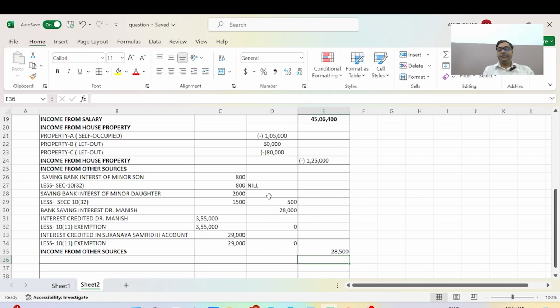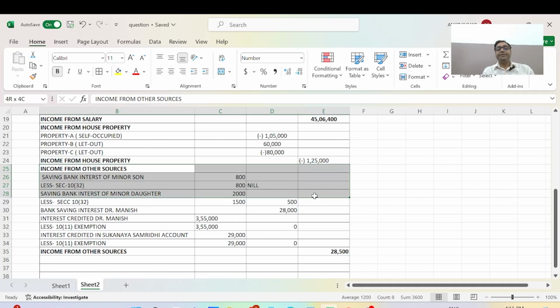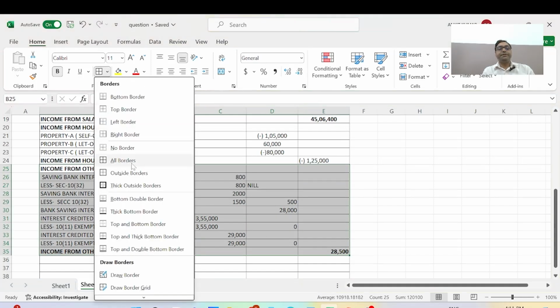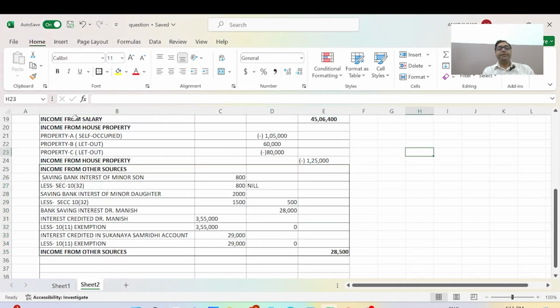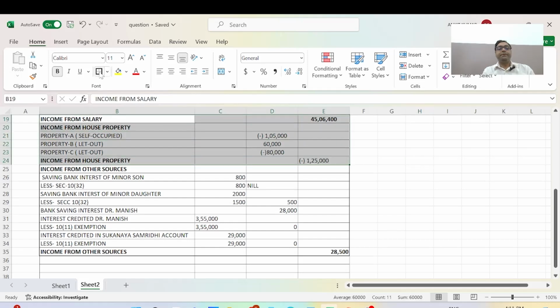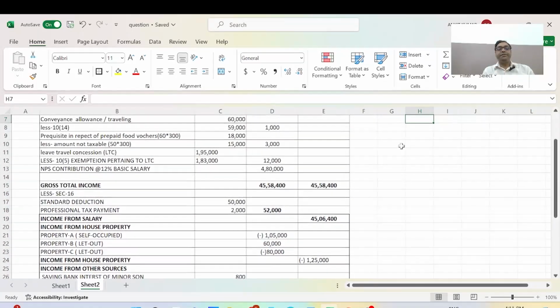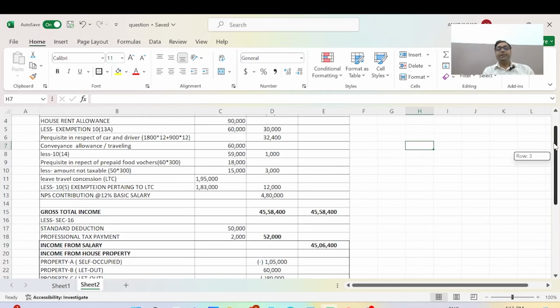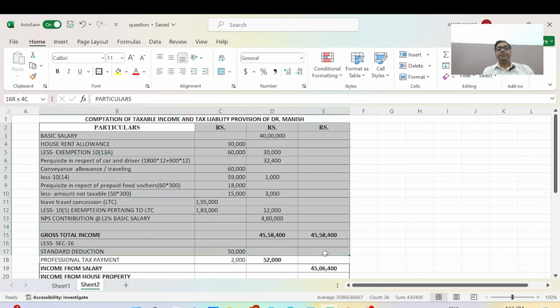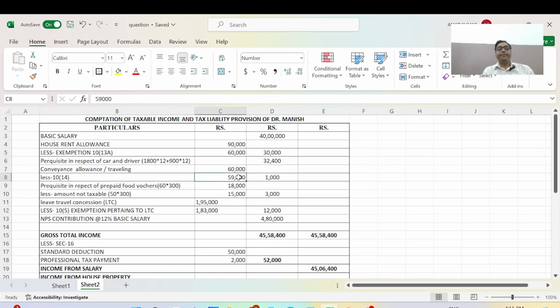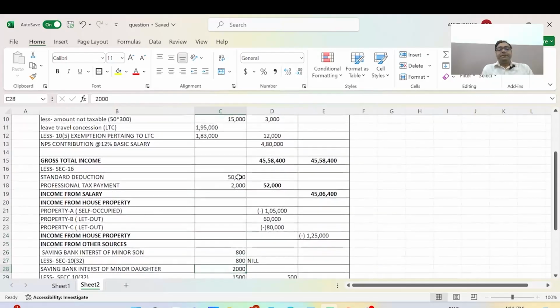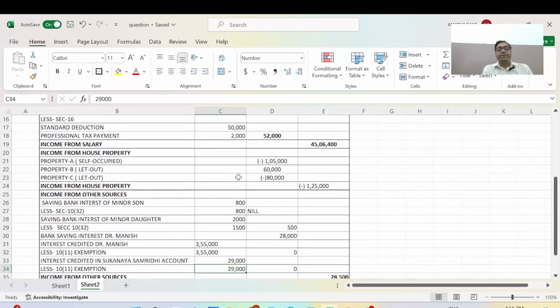We have already discussed the income from house property and the income from salary as per the information given.